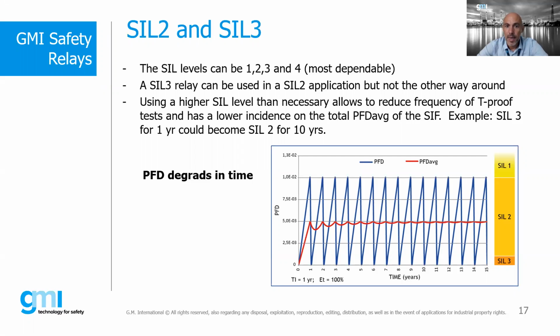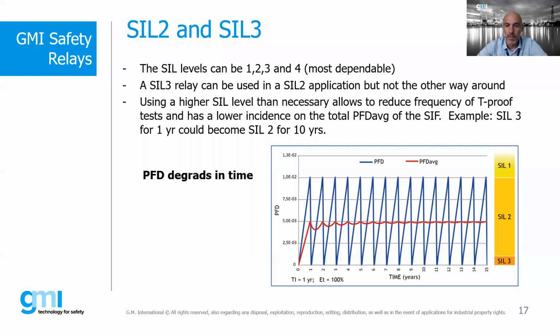Definitely, a SIL3 relay can be used in a SIL2 application, but not the other way around. If SIL3 is the level your loop is asking for, you cannot use a relay which is SIL2. That's not possible. The other way around is possible.